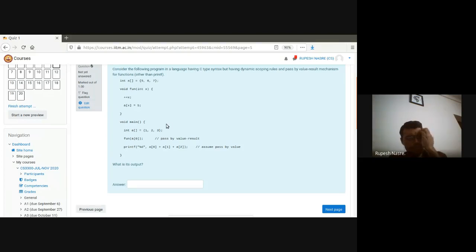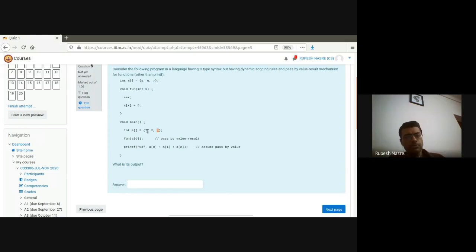The answer should be, okay, let's confirm that. Fun a of 0 passed by value result. So a of 0 is 1. So x becomes 1, x gets incremented to 2. A of 2, this a is the dynamic scoping, and therefore this will refer to this array, and a of 2 will refer to this, so that will become 5.